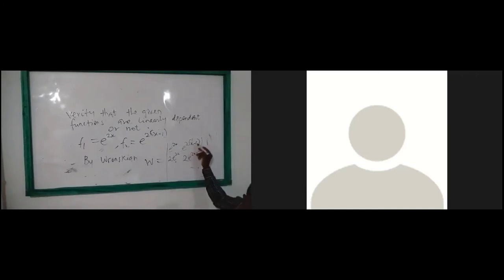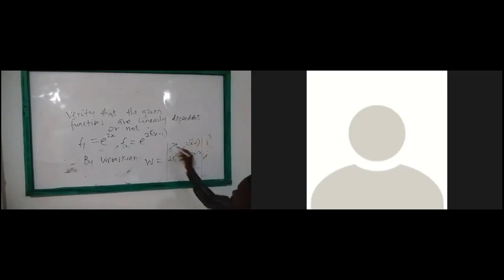Remember, if you expand this, you are going to get 2x minus 2. It's the same thing as whatever is here. So we differentiate the exponent, that will be 2, and then you repeat whatever is here.